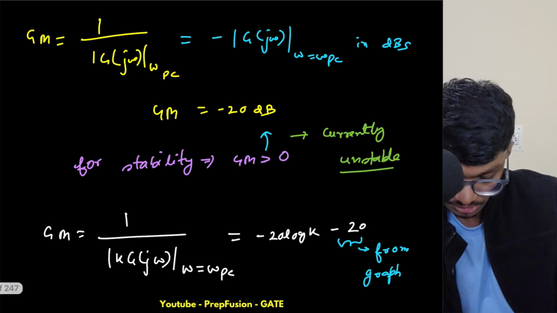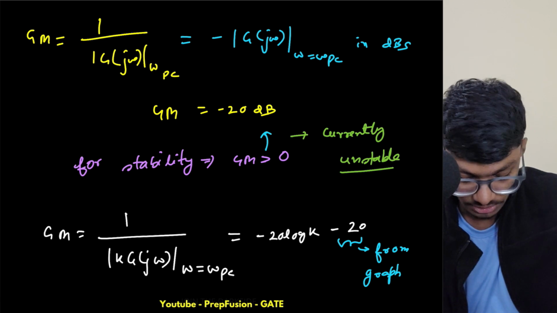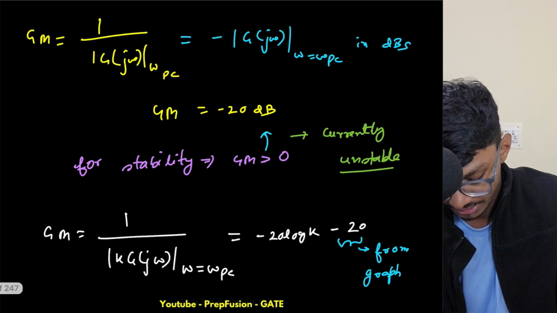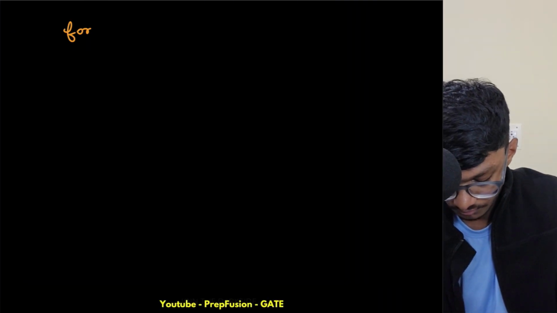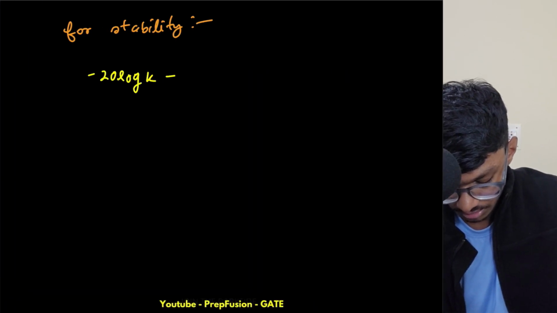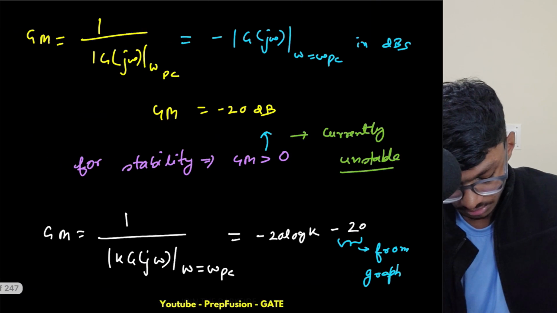Now, for my system to be stable, this has to be positive, greater than 0 for stability. So minus 20 log K minus 20 should be greater than 0.